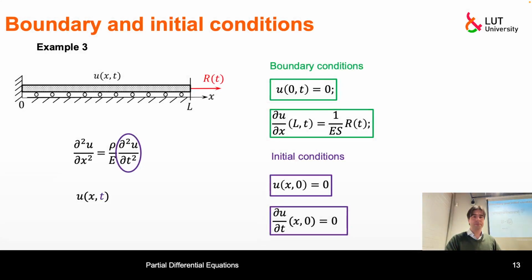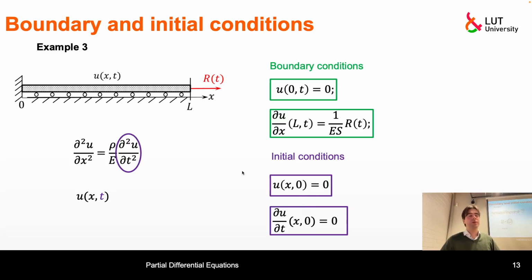Okay, so the third example differs mathematically in that we have a second derivative with respect to time here, which naturally means that we would have more initial conditions. We are still able to formulate them only at time equal to 0.